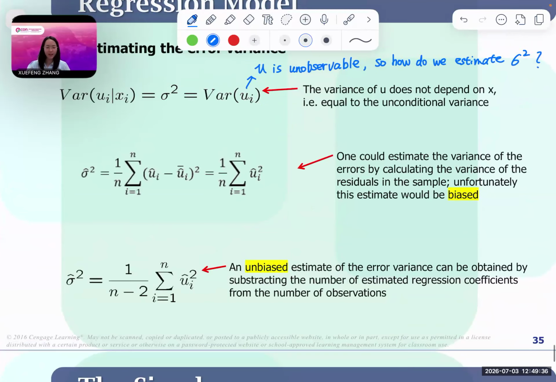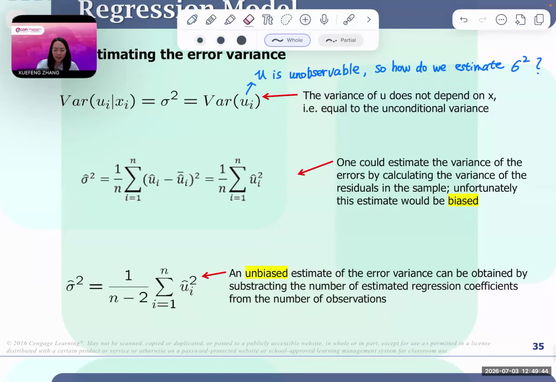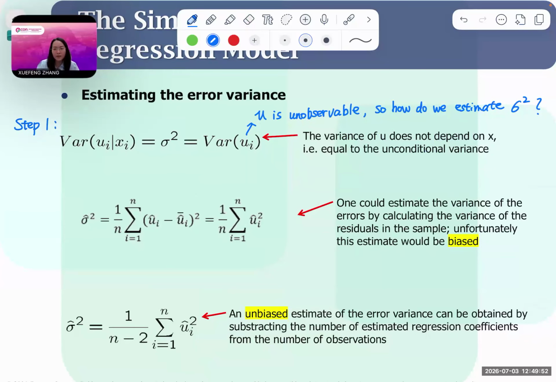Let's see the steps. Step 1, what is mu? What is sigma square? Sigma square is the variance of mu, okay, from homoscedasticity. The variance of mu is the same everywhere, just one number, sigma square.